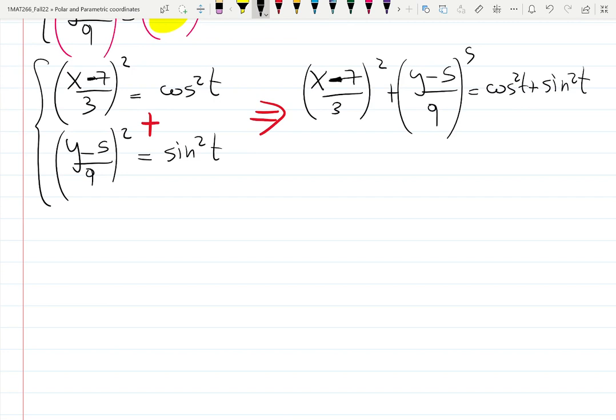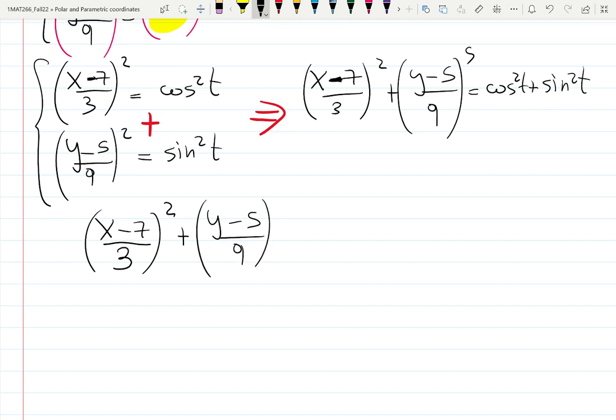So the equation becomes x minus 7 over 3, which at some point I want to write as 9 squared, plus y minus 5 over 9, which at some point I want to write as 81, equals 1. This is the equation I have right now.